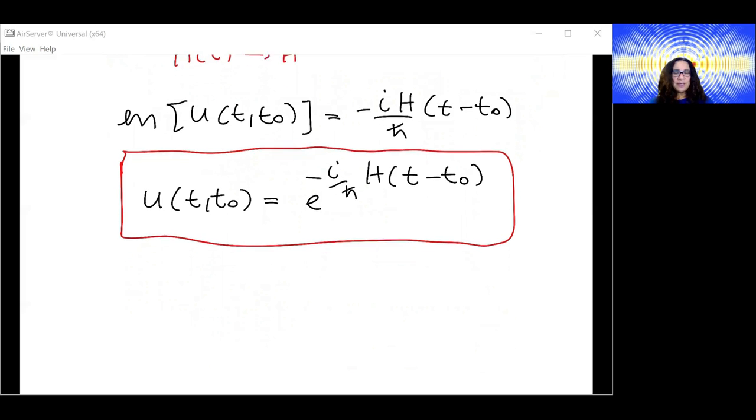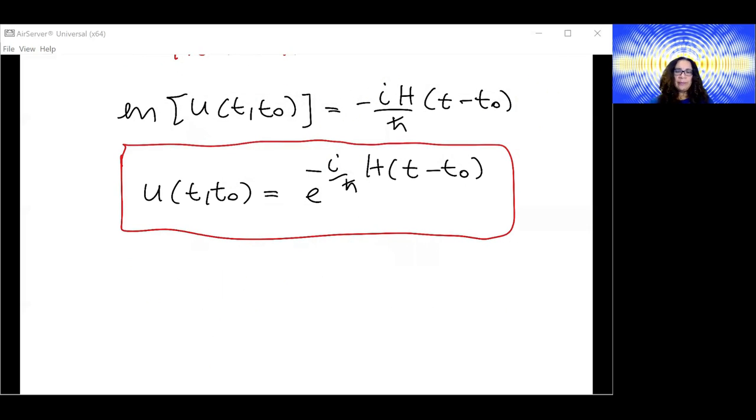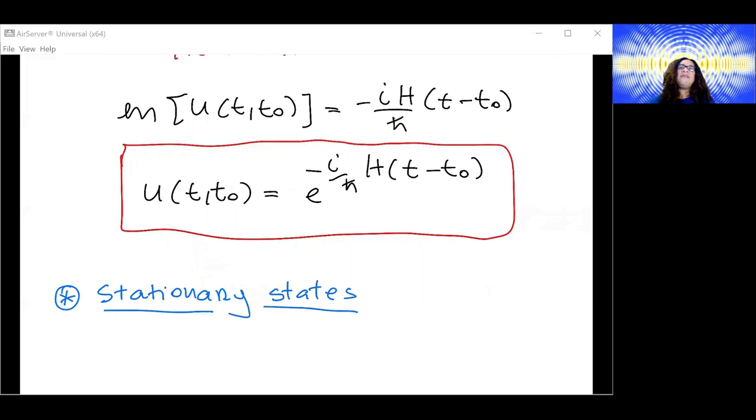And we're going to assume now that we are dealing with stationary states, which say you have this time independent situation for a Hamiltonian, and the system is initially in an eigenstate.